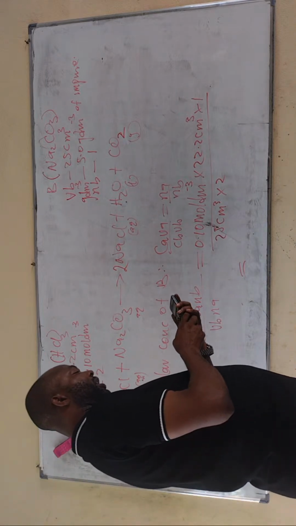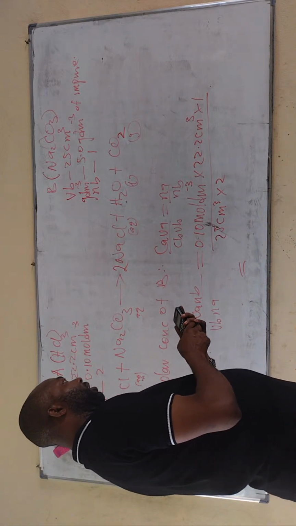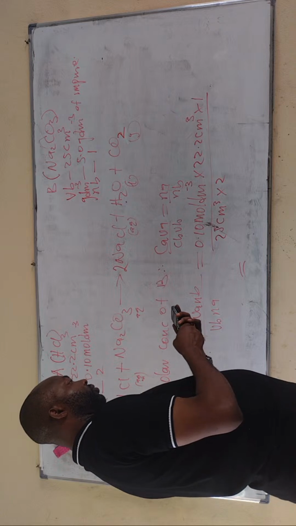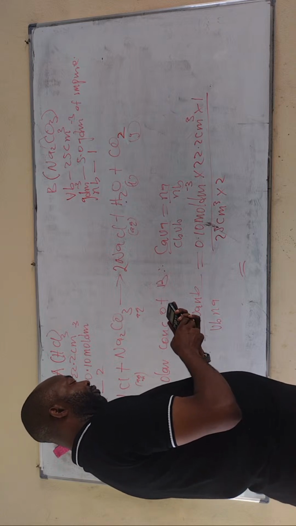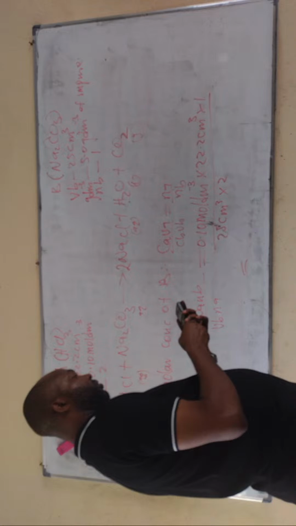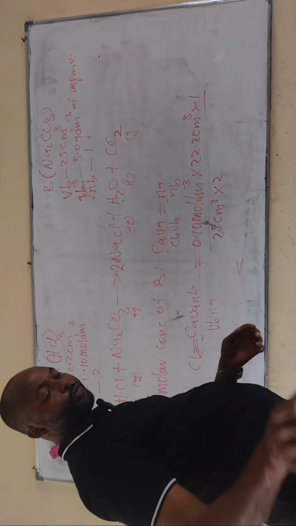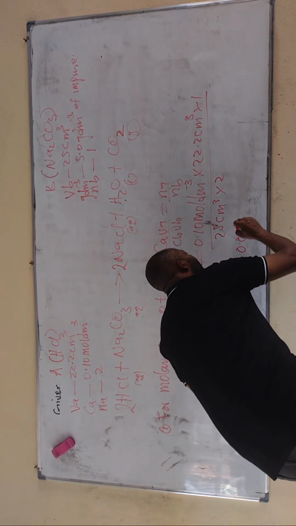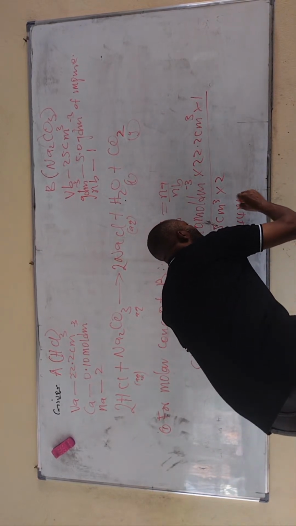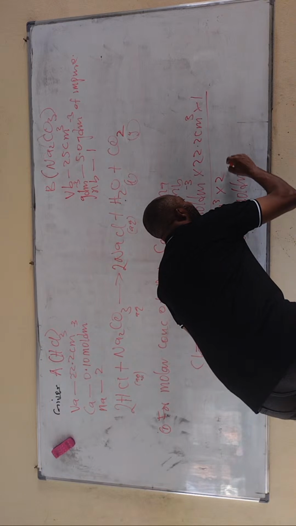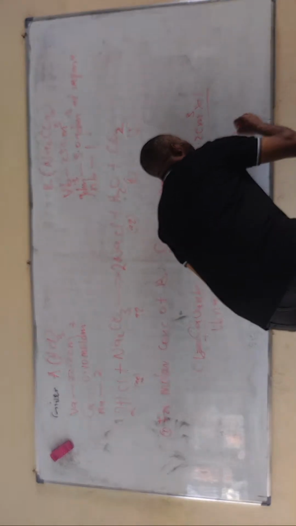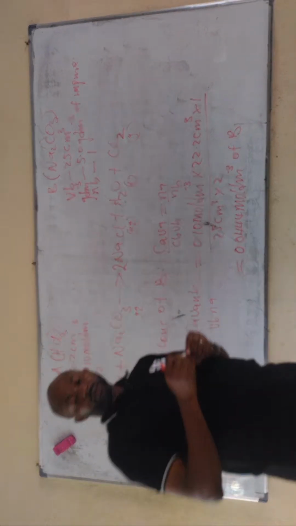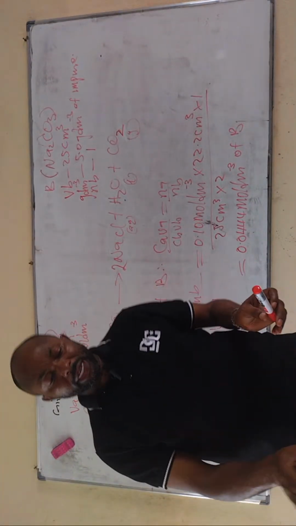So I have 0.1 times 22.2 divided by 50, which is 0.0444 mole per dm cube of B. Okay, that is the first thing.